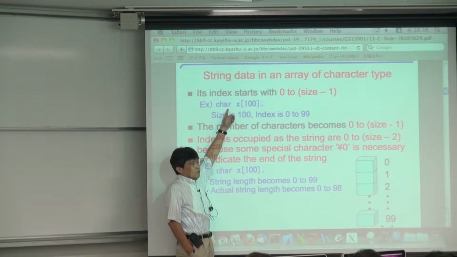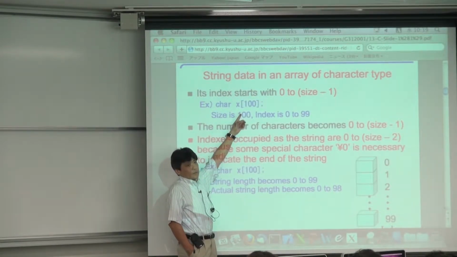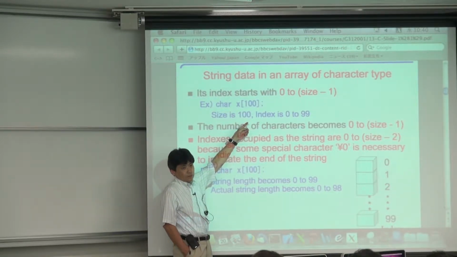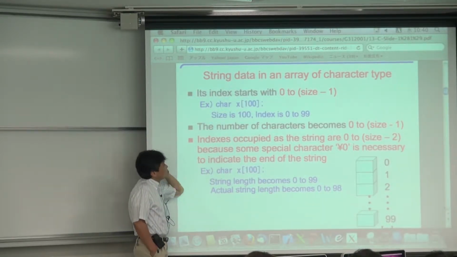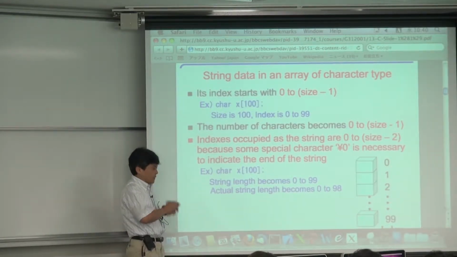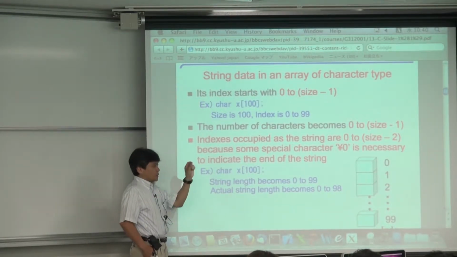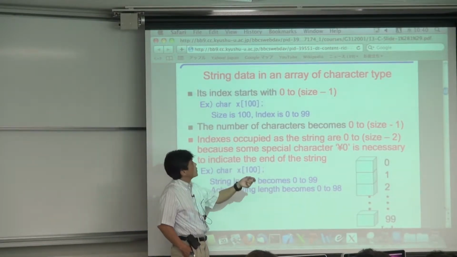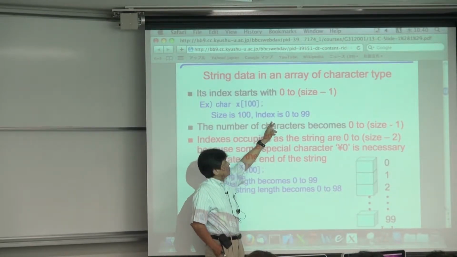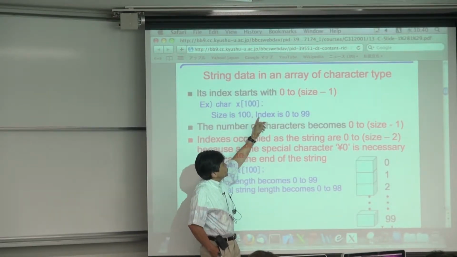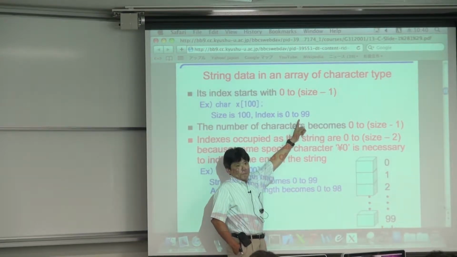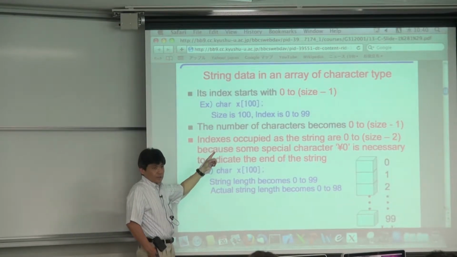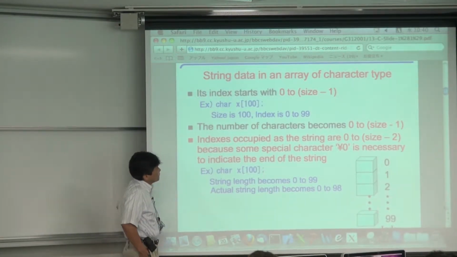String x has 100 characters as an array, so you can specify any character inside such an array by specifying the index. You can use 0 to 99 to specify any character inside the array, that means a string.